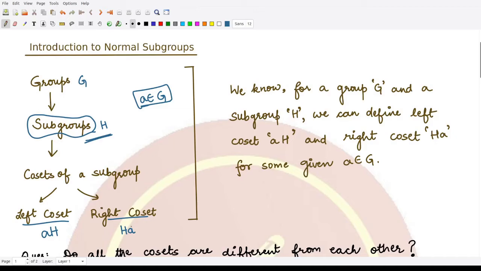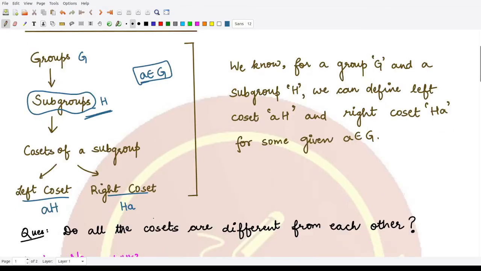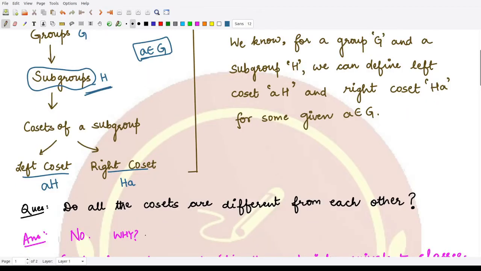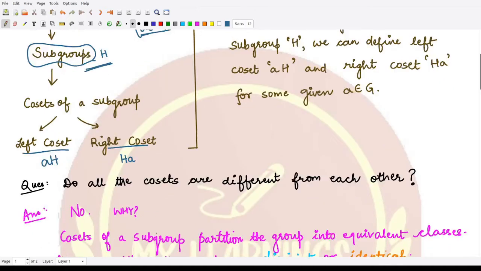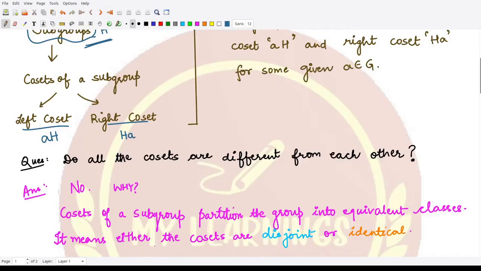Now, once you remember these things about cosets, subgroups and groups, the next question that comes to our mind is: are all the cosets different from each other? Actually, you do know the answer to this question. The answer is no. Why? Because we know that the cosets of any subgroup partition the group into equivalence classes.